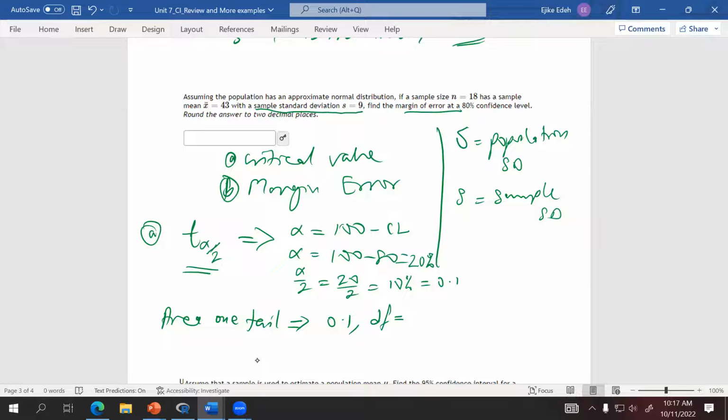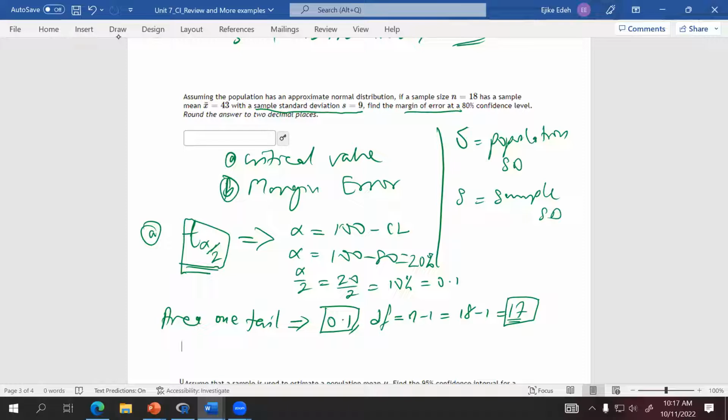If it's Z table, we don't worry about the degree of freedom. For T, we need degree of freedom. So degree of freedom is n minus 1. So in this case, we have a sample size of 18. Subtract 1, we get 17. So our degree of freedom is 17. So if we go to the table, we are going to be interested in using the area 0.1 and degree of freedom 17 to find the T critical value.